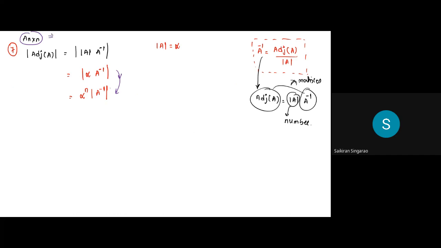That means A inverse will also be n cross n. And in this determinant, this fellow is a number and this fellow is a matrix. So whenever a number wants to come out of the determinant, the number to the power of n will come. What is this n? Whatever is the order of the matrix. Did you understand this?